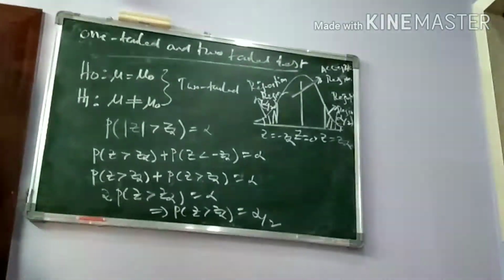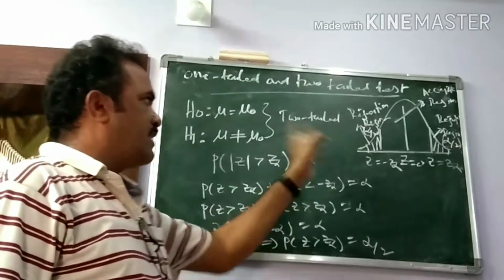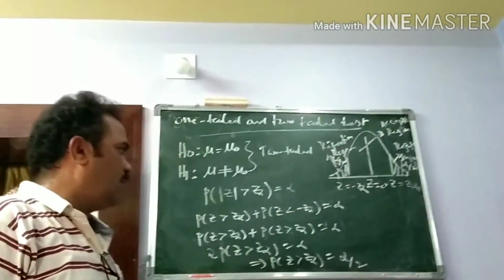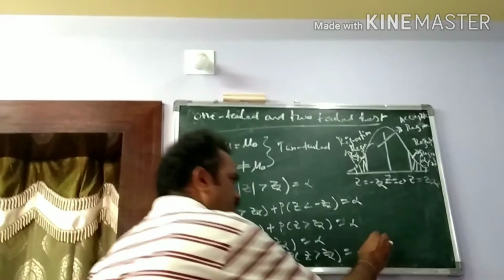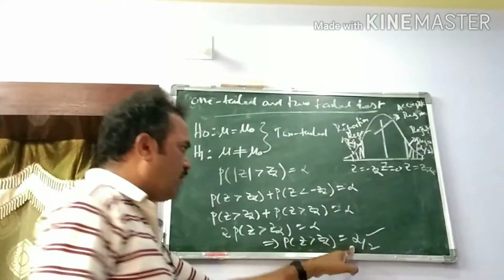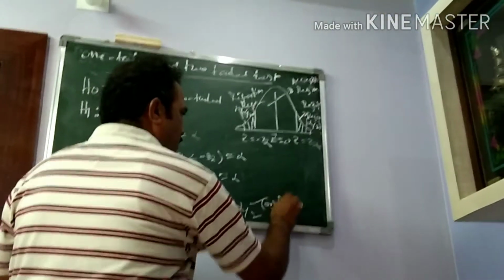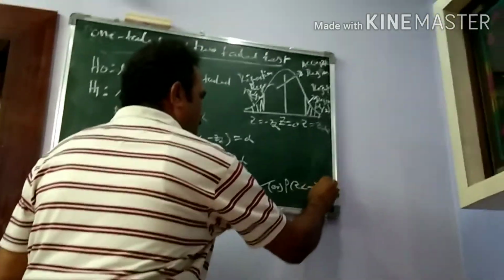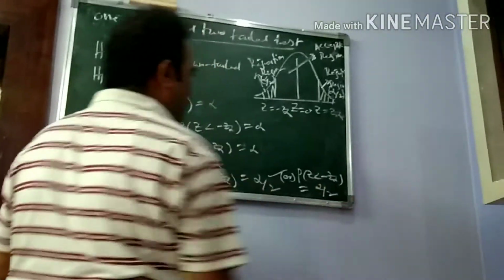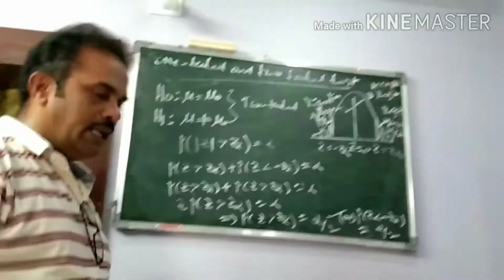Earlier, for the one-tailed test, only alpha was occupied in the rejection region on the right or the left. But here alpha by 2 will be occupied. So from this equation: probability of z greater than z alpha equal to alpha by 2, or in another representation, probability of z less than minus z alpha is equal to alpha by 2. So this is the two-tailed test.